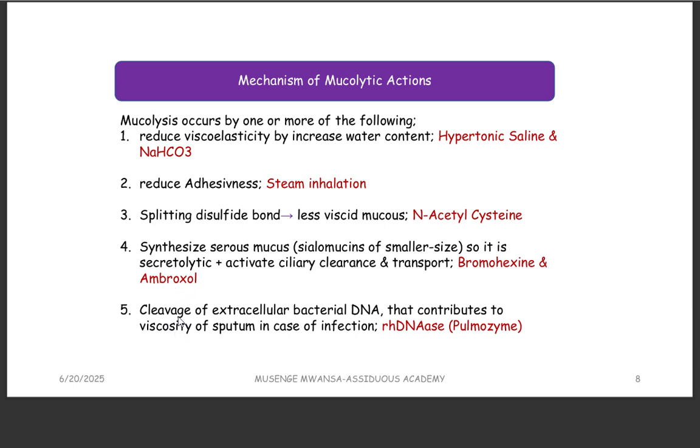And then there's also cleavage of extracellular bacterial DNA that contributes to viscosity of sputum in case of infection. So I've got an example of rhDNase. Okay, so basically breaking down the bacterial DNA that makes the sputum viscous. An example of the rhDNase is Pulmozyme. These are enzymes.